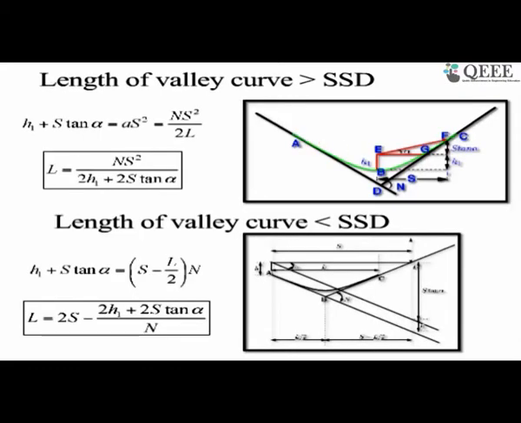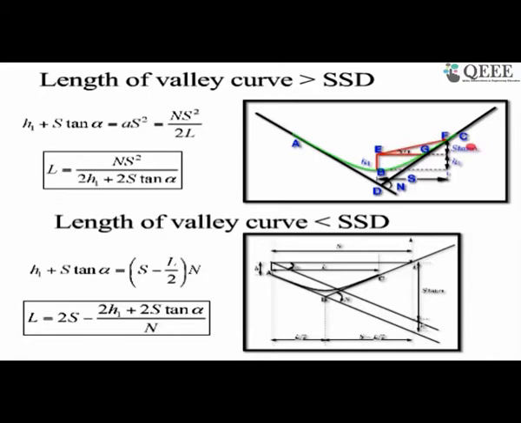Let's look into the sight distance criteria, how it works. As I told you, for the sight distance criteria, we have to look into the headlight. So the headlight is going to go straight. In this particular figure, the red line is straight, and there is a little bit of deviation. If you look into the projector inside the headlight, they are at a certain angle, and because of that angle, the light is deflected a little bit on the upward side as well, with an angle alpha.